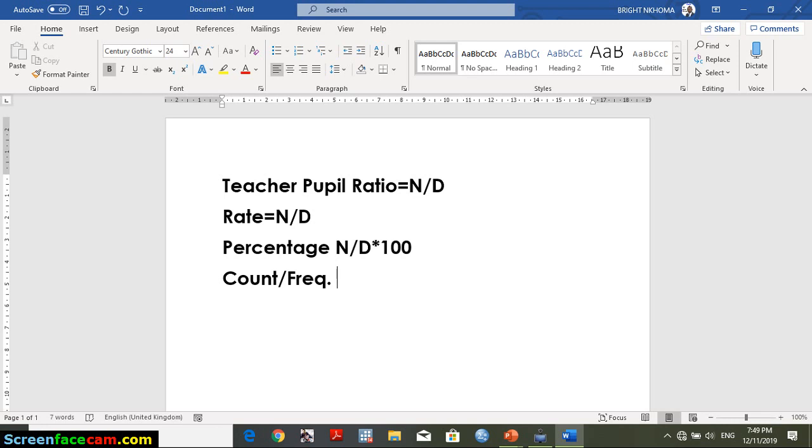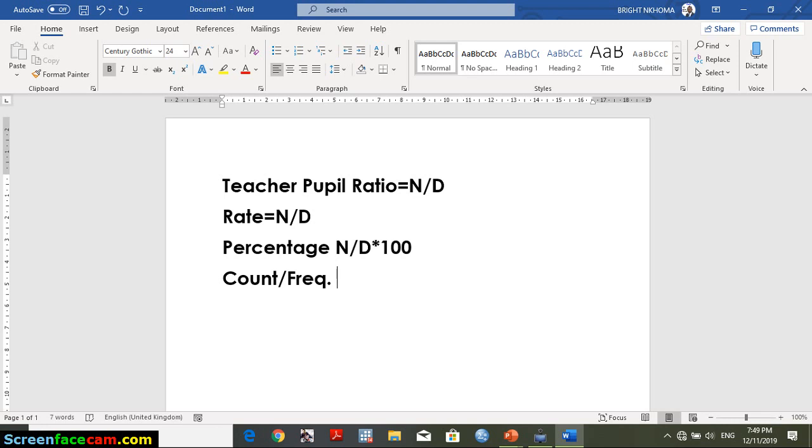We are going to come up with an example so that we know how to interpret this. The numerator is a subset of the denominator in a rate. In a ratio, the numerator and the denominator are not related at all. They are two different components, but in a rate, there's a relationship.